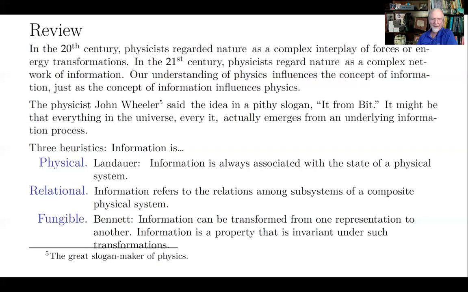So information can always be transformed from one representation to another, and the information itself is the property that's invariant under such transformations. So physical, relational, and fungible.